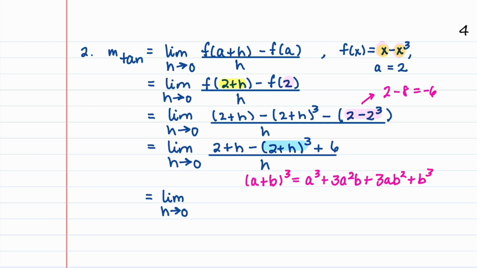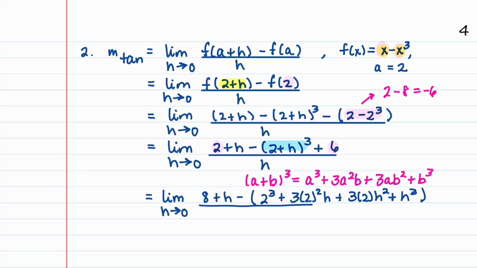I'm going to combine the 2 and the 6, so this is going to be 8 plus h minus, here we go, a cubed, which is 2 cubed, plus 3 times 2 squared times h, plus 3 times 2 times h squared plus h cubed, all divided by h.